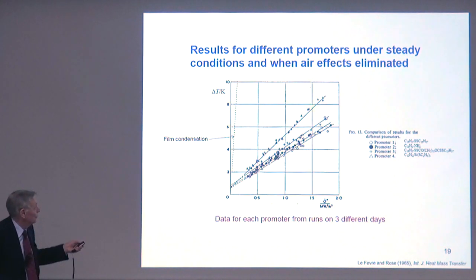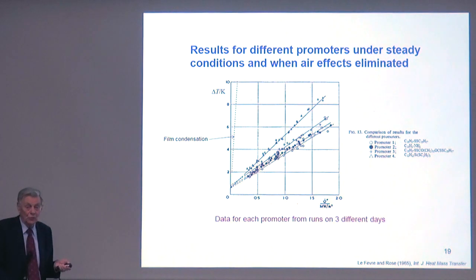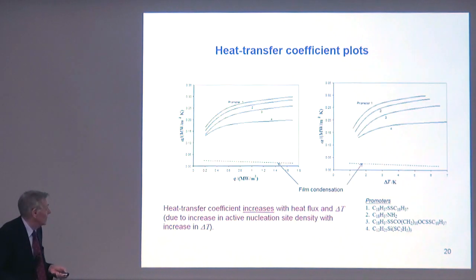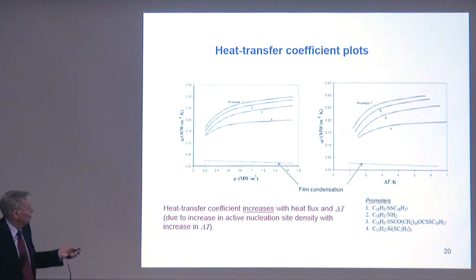If we transpose these lines into the usual plot that other people do, which I think is not logical, to plot heat transfer coefficient against either heat flux or delta T, those lines become these. The heat transfer coefficient is increasing with delta T or Q. This is film condensation decreasing, and a very big difference.